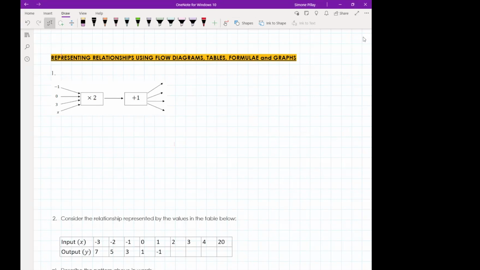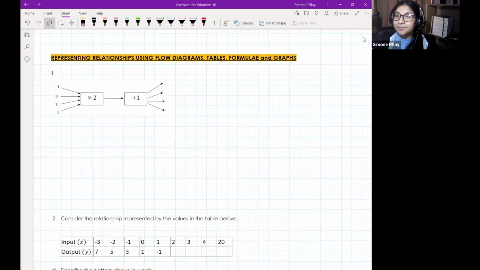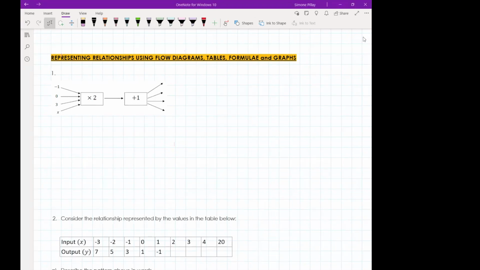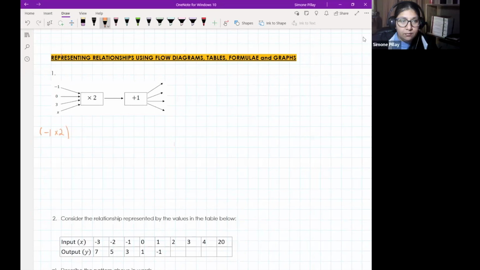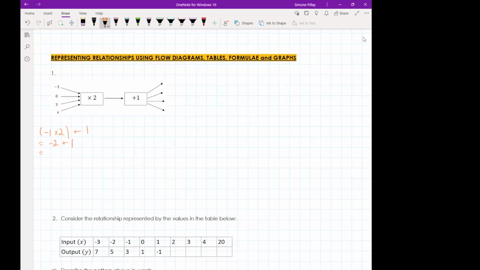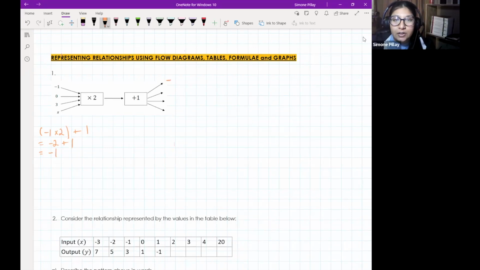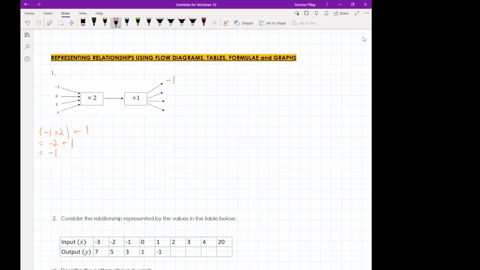So for the first one, it's going to be negative 1 times 2, which is negative 2, plus 1, which is going to be negative 1, ma'am. Negative 1, 100%. Are you helping with just that one or all of them? All of them, ma'am. Okay, cool.